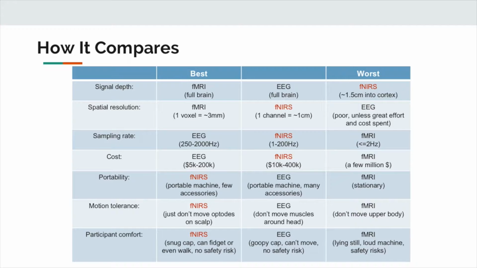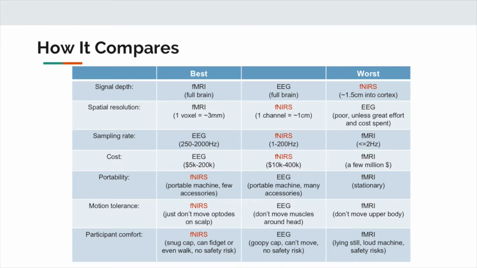With EEG, you're not laying down in a risky scanning environment, but you, again, can't really move during any sort of experimental paradigm, and often there's goop on your head, which is not terrible, but kind of inconvenient, especially if you have to do anything else during the day.